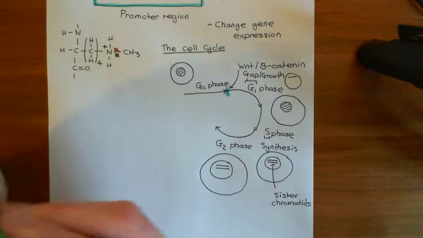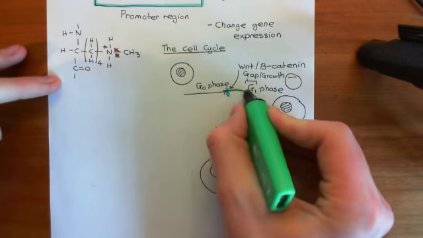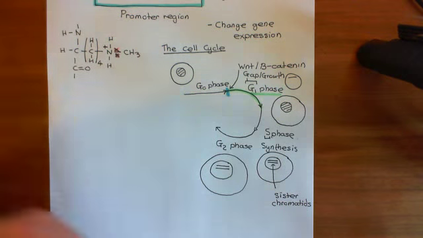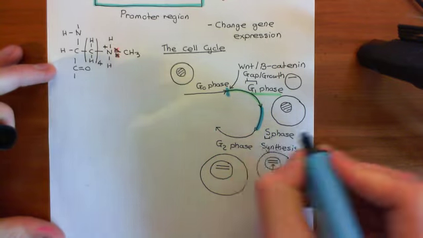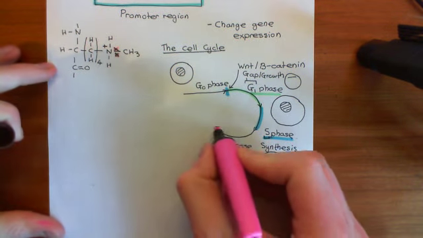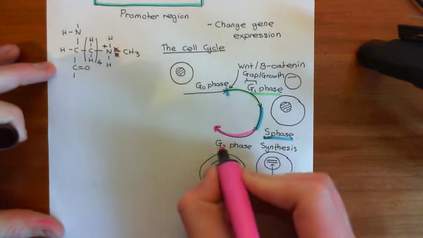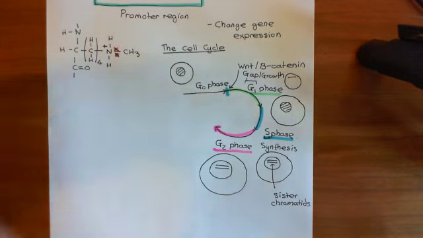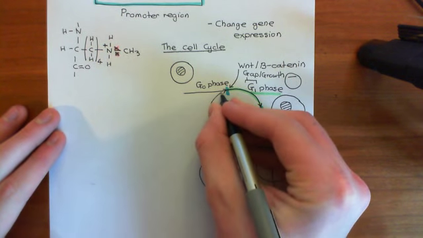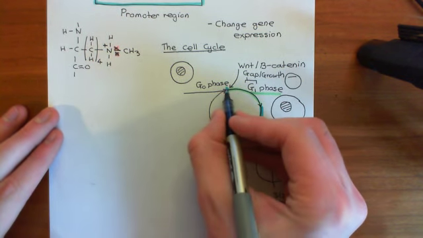And by the way, I think I'll add a little bit of colour onto this. So here is the G1 phase in green here. Here is the S phase in blue here. Here is the G2 phase in purple here. And then the final phase is going to be the M phase, which will take you back to here, basically.